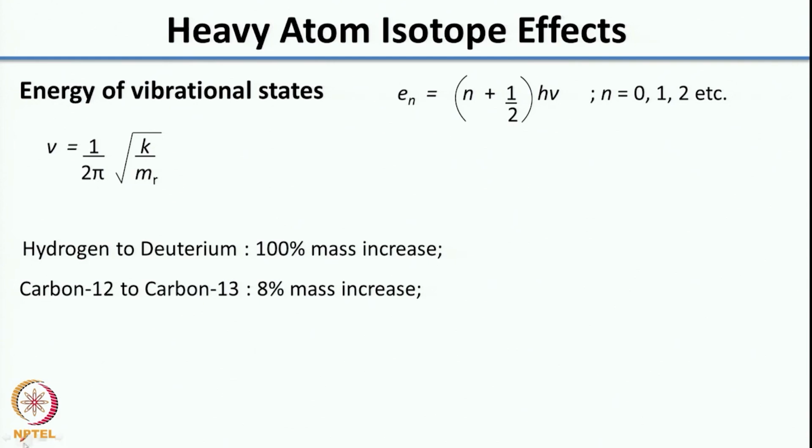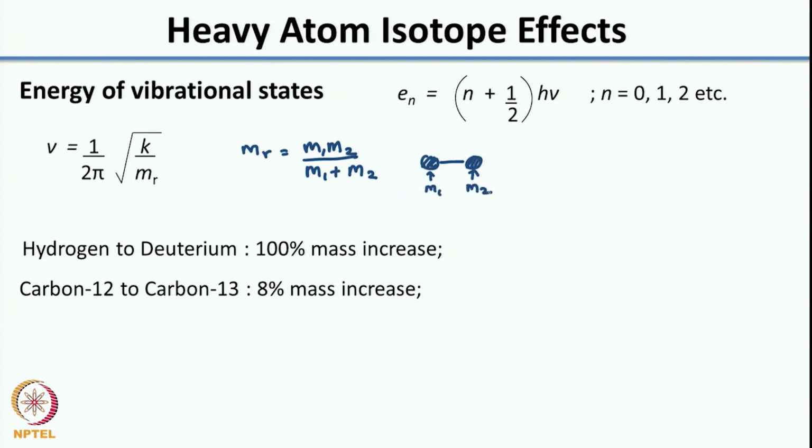So, now what is mr? If you remember our earlier discussion, mr is the reduced mass, so that is M1 M2 divided by M1 plus M2, where M1 and M2 correspond to the masses of the atoms that are attached.